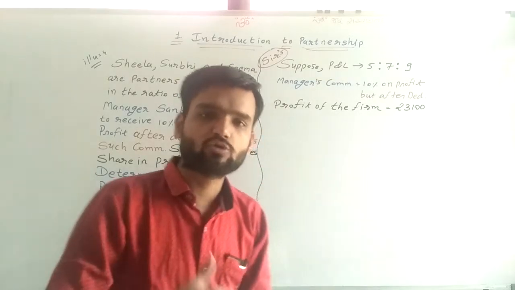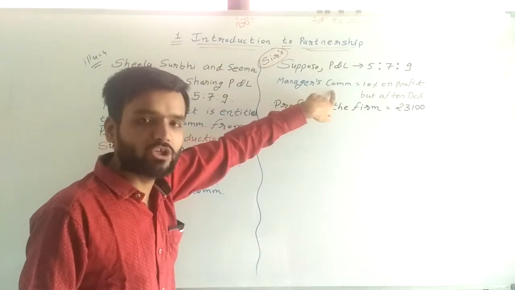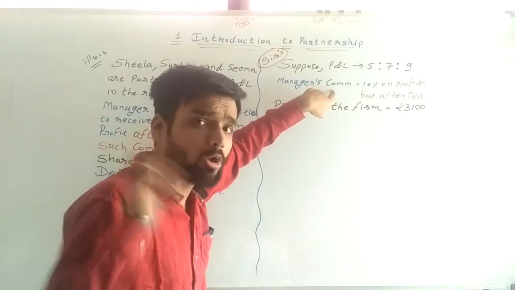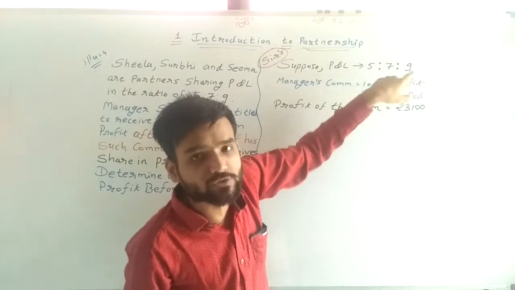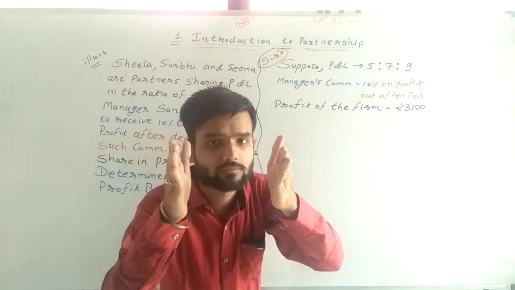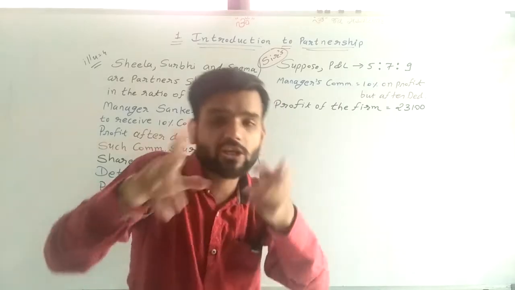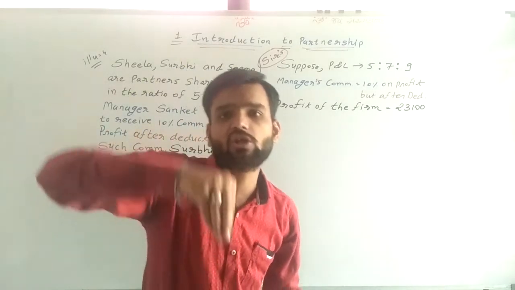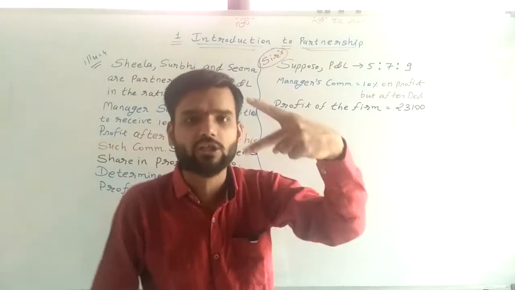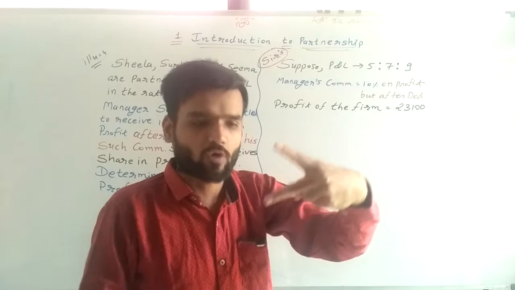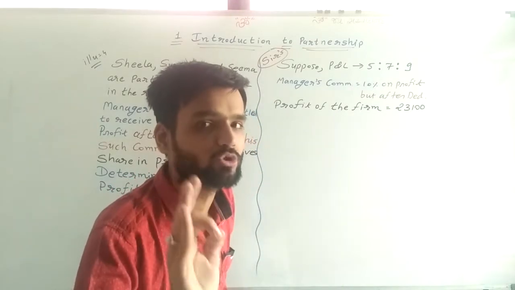These two formulas are applicable only when the question says 10% on profit after deduction of such commission. Whenever that phrase is given, then only these two formulas can be used, and we use one of them on the basis of information given.